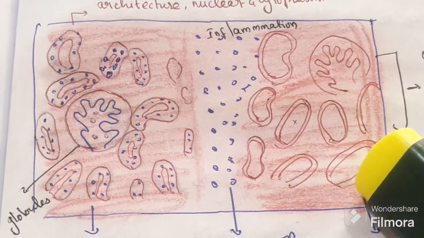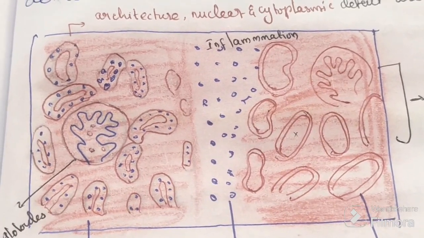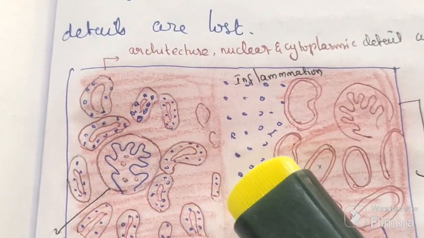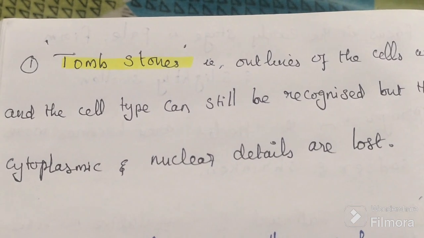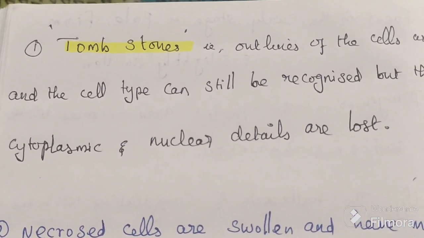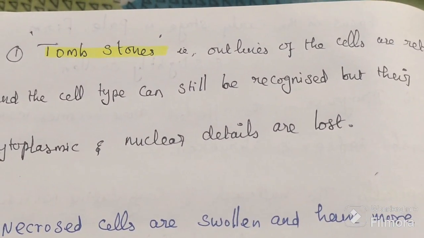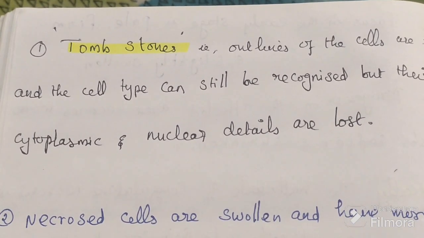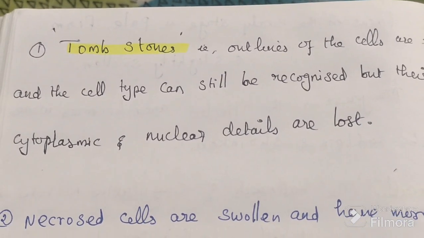Here only the architecture is present, and the nucleus and cytoplasm have disappeared. This is the in-between junction, where inflammatory cells are present. So the cells look like tombstones, that is, the outline is recognized, but cytoplasmic and nuclear detail are lost. The cells are swollen and more pink in color.